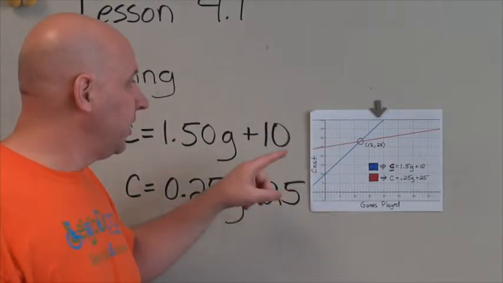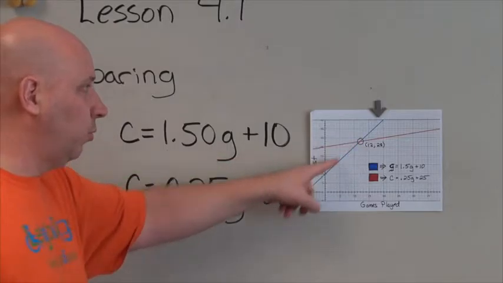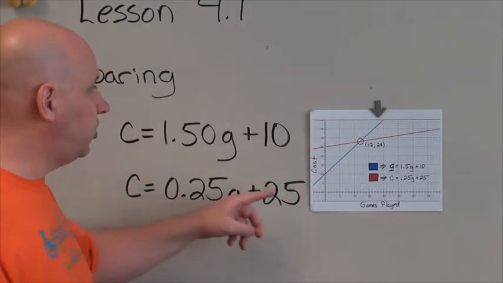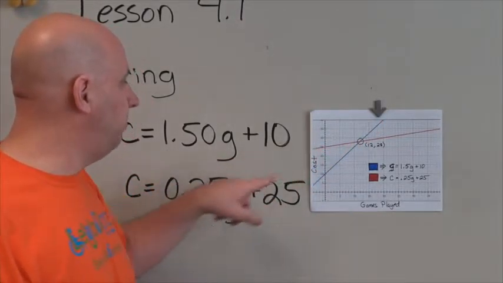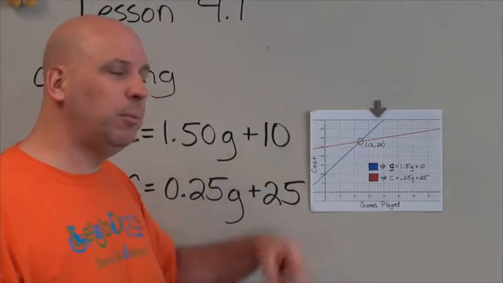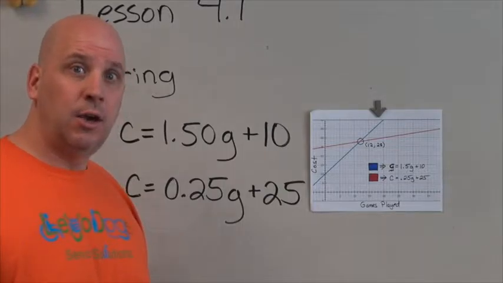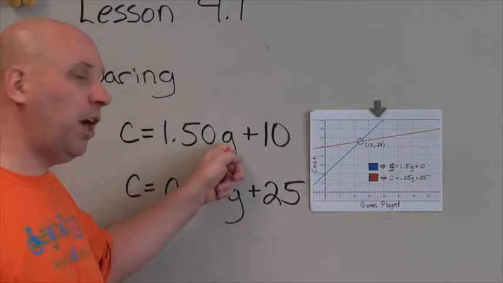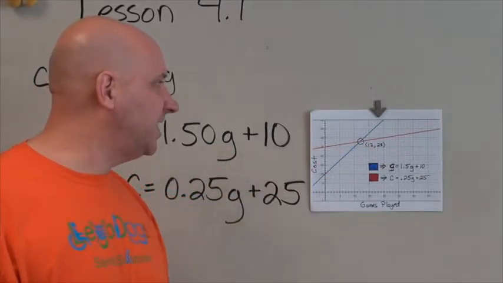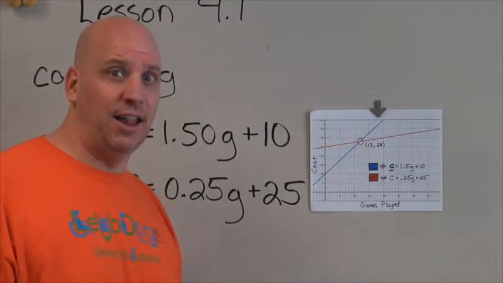So you see that Arcade A, which is the blue one, this one right here, is cheaper than Arcade B until they get to the point of 12 games. Right here they cross. When you play 12 games here or 12 games here, they both have the exact same cost of $28.